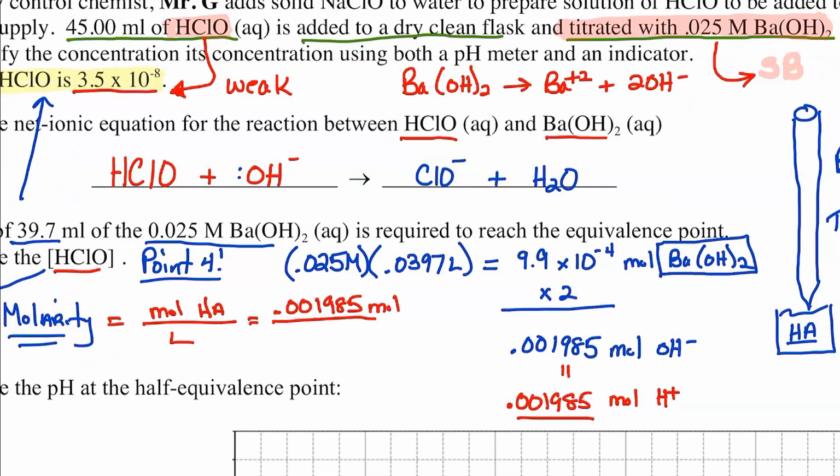And they told us way up here, we have 45 milliliters of it. Got to convert that to liters because molarity is moles over liters. So 0.045 liters. Okay? And when I do that, I get 0.044 molar.